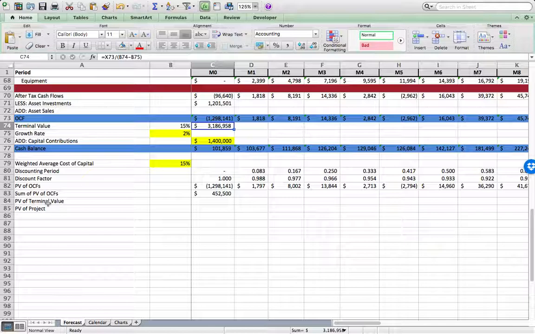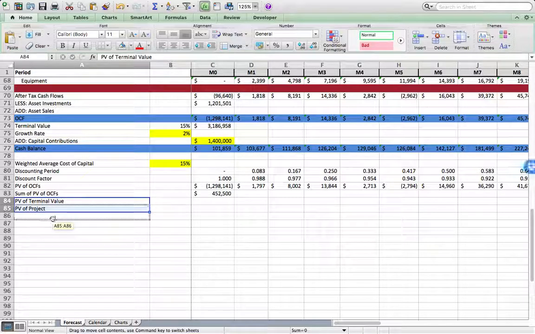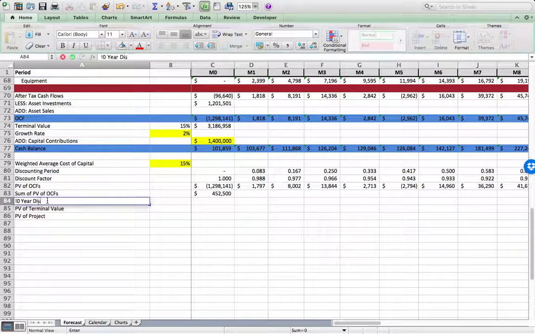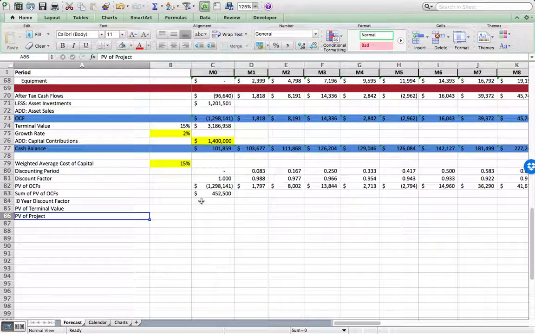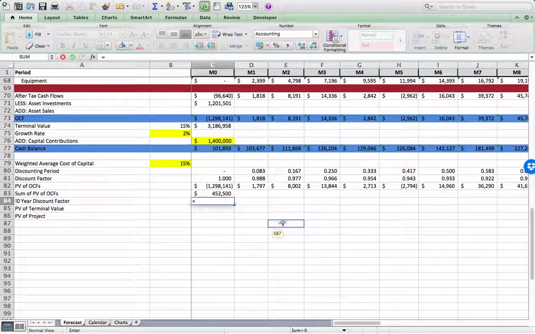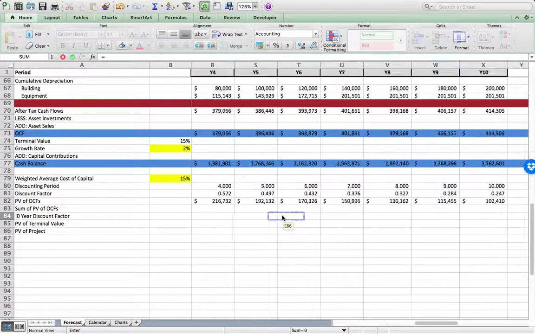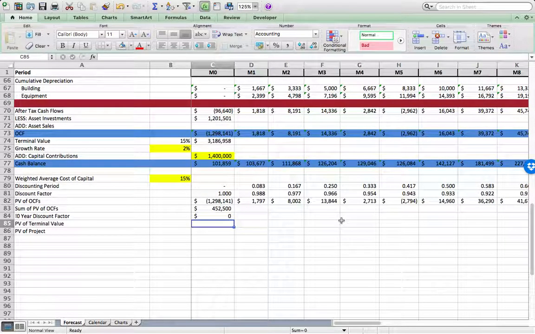And so what we want to do is, I'm going to drag this down just a little bit. We want the 10-year discount factor, because that's what we want to multiply the terminal value by. So we'll call that is equal, and I'll just go grab the 10-year discounting factor. Okay, and so that is what I'm using in order to basically get back to today's dollars on the terminal value.